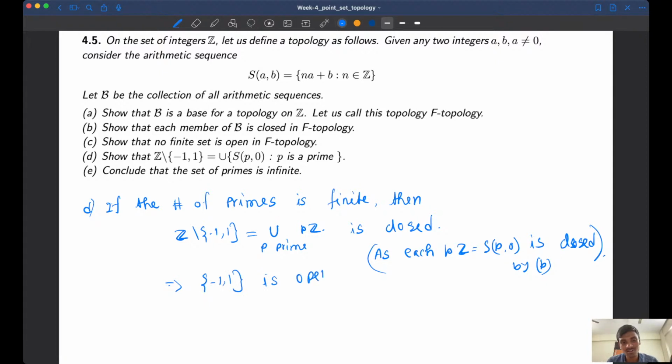But that is a contradiction to C. So this implies the number of primes must be infinite.